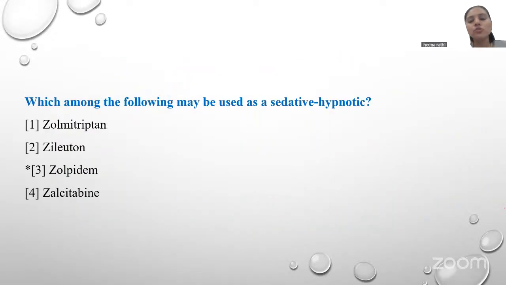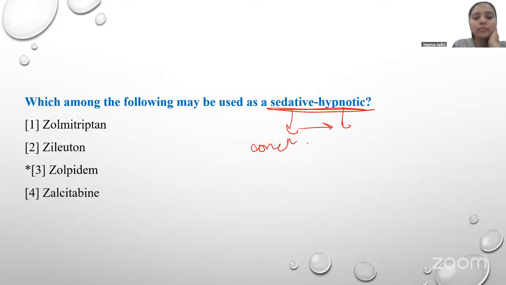The last question which we are going to take in this session is: all of the following may be sedative and hypnotic. Sedative and hypnotics are the drugs which produce sedation and hypnosis. The effect of sedation and hypnosis depends upon the concentration of the drug. If we take the drug in a larger concentration, it will produce hypnosis.